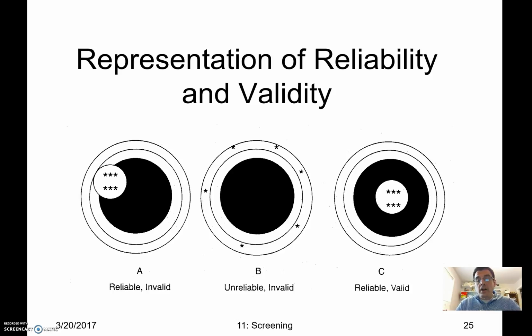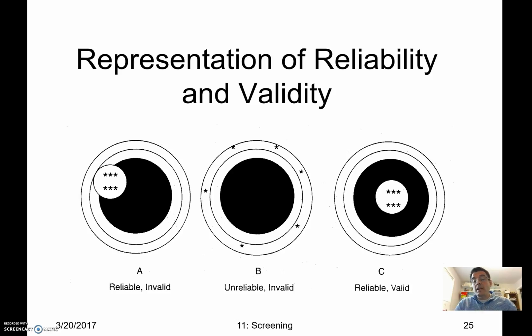archery or a gun target, where you can have, for example, within target A, a test that is reliable but invalid, as in it's not accurate, it's not within the bullseye. You can also have a test that is unreliable and invalid, as in it's not precise, you don't have a tight group, but also it's not measuring what you're intending to measure, the disease outcome or the predisposition for a particular disease.